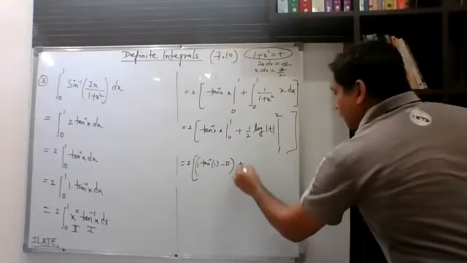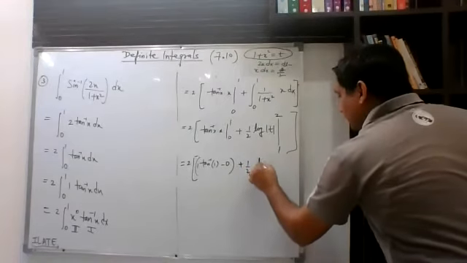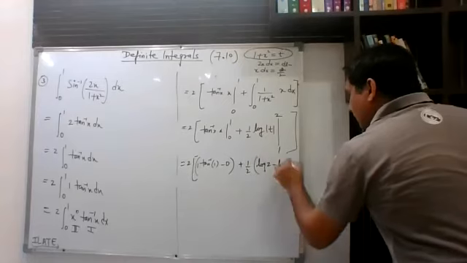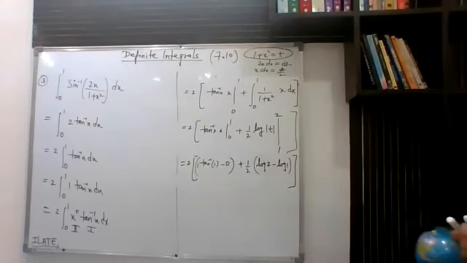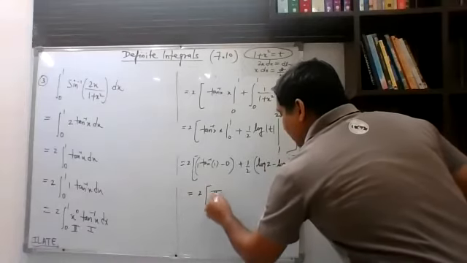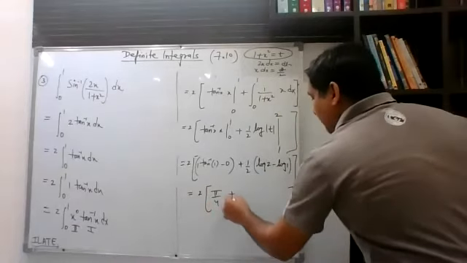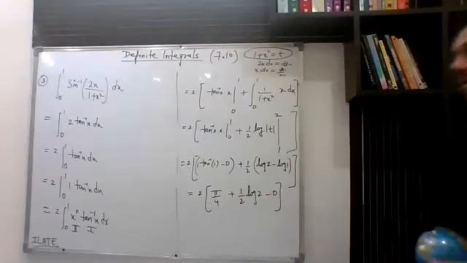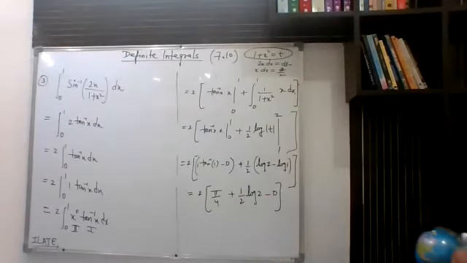Now here when I put the limit, it will be half log 2 minus log 1. So after this, you know that tan inverse 1 is simply pi by 4. And this is half log 2 minus 0 because you know that log 1 is simply 0.